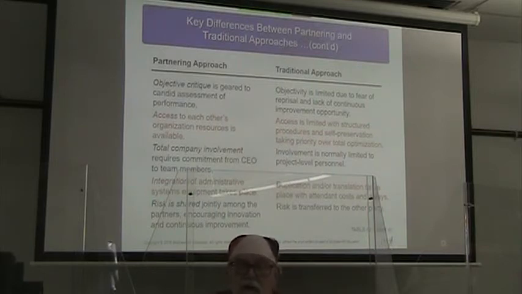All right, so we want everyone to be involved and everyone to be able to talk to our partners. In the traditional approach, duplication and/or translation takes place with attendant costs and delays.